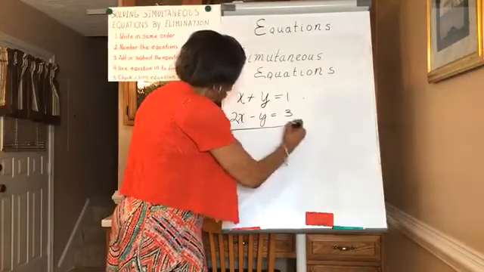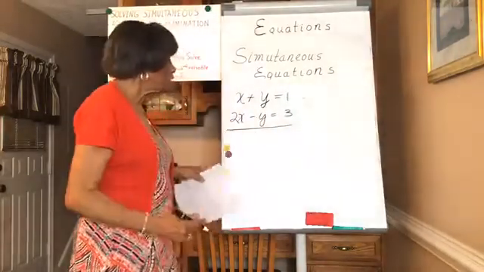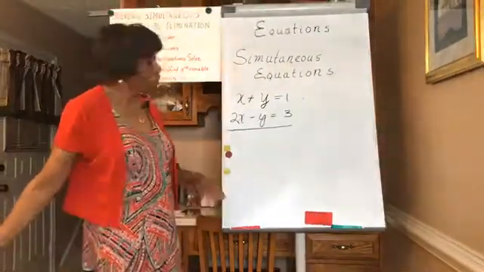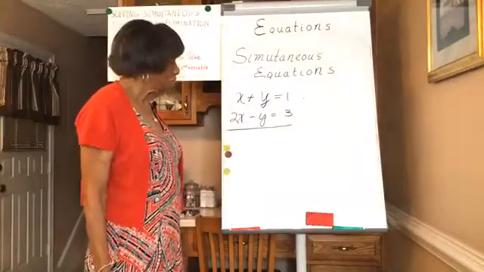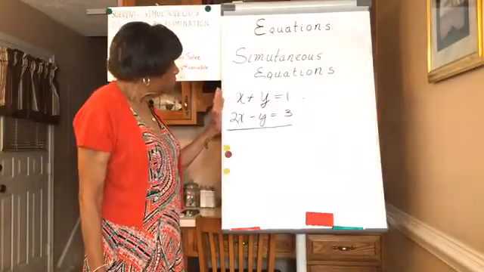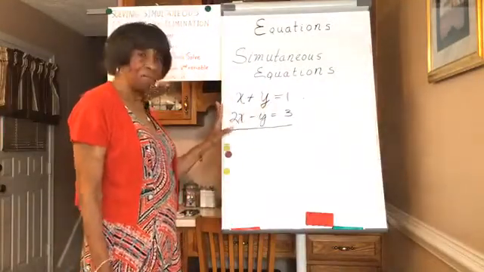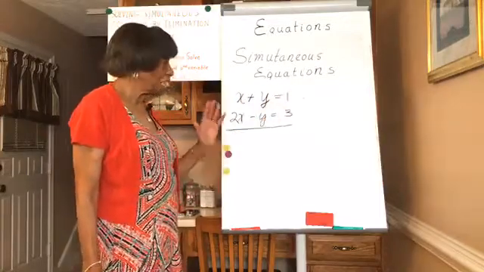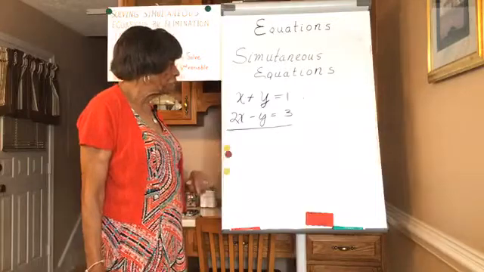And these are our simultaneous equations. There are two equations. The variables in both equations are x and y. It's in the right form because the variables are on one side and the numerals are on the other. So you didn't have to do that. I did that for you.